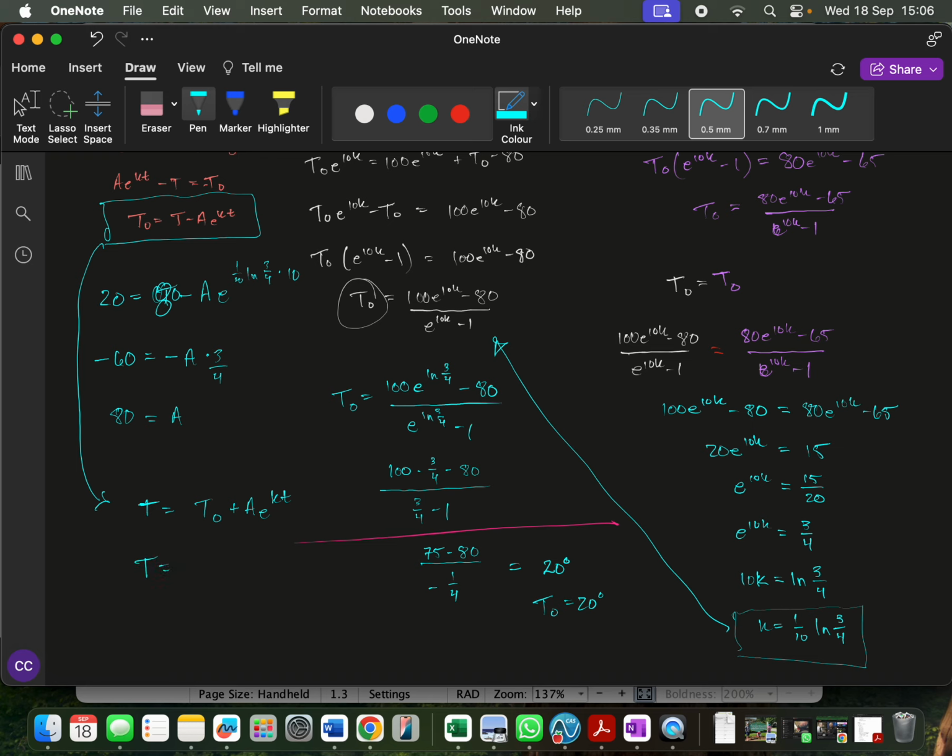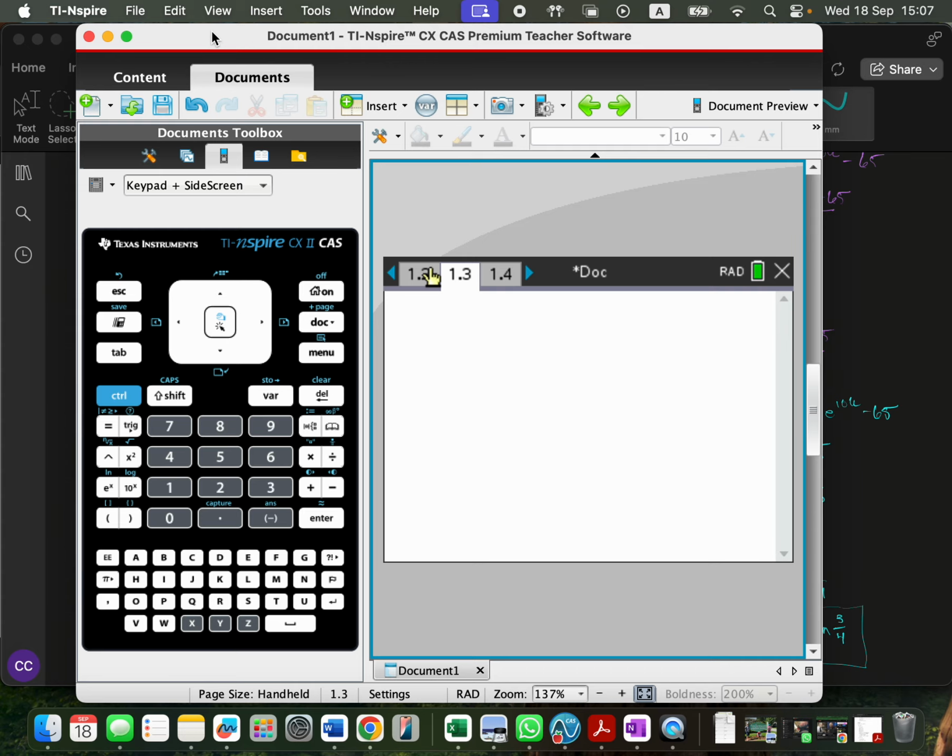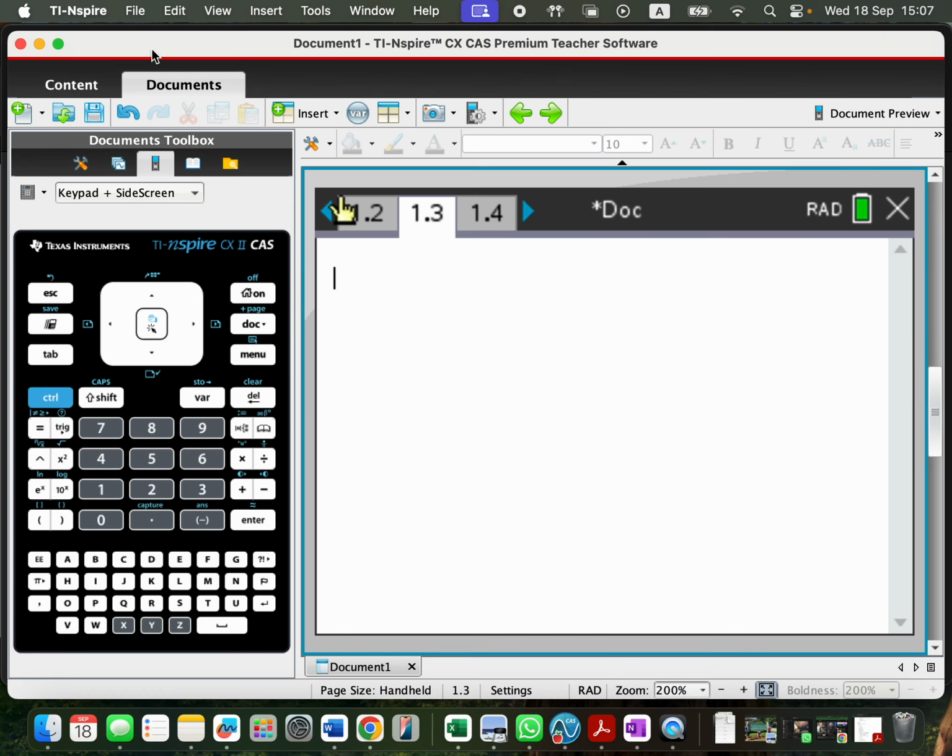So the temperature is 20 plus 80 e to the 1/10 ln 3/4 times a further 10 minutes, which would put me at 30. And I am super lazy, so let's just use my calculator because this video is already getting too long.